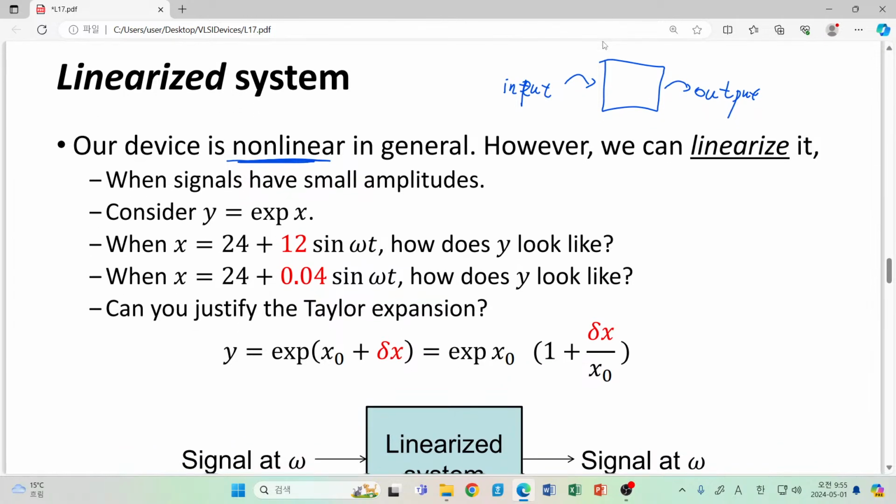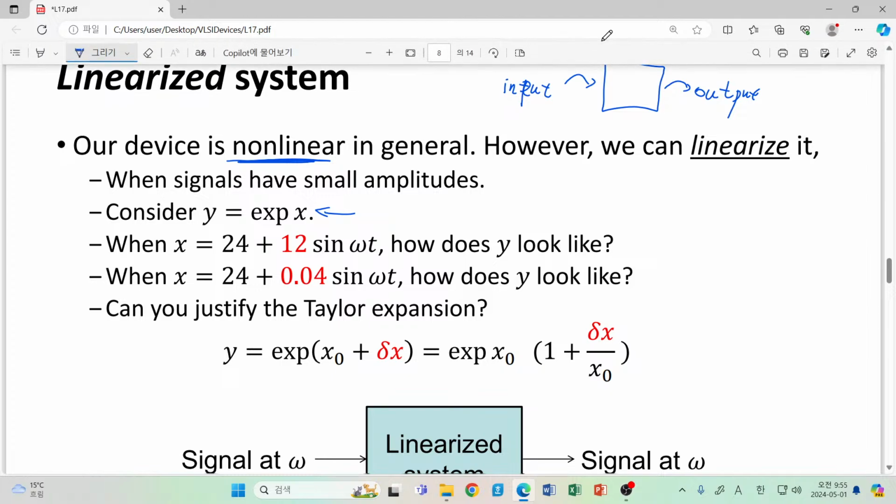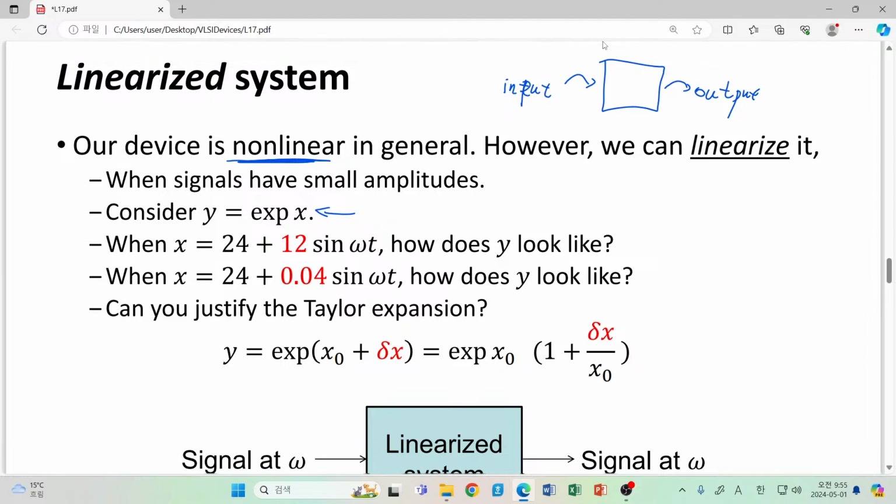A typical example is our diode: y equal to exponential of x. What is it? This is nothing but the diode current being exponentially dependent on voltage divided by thermal voltage.